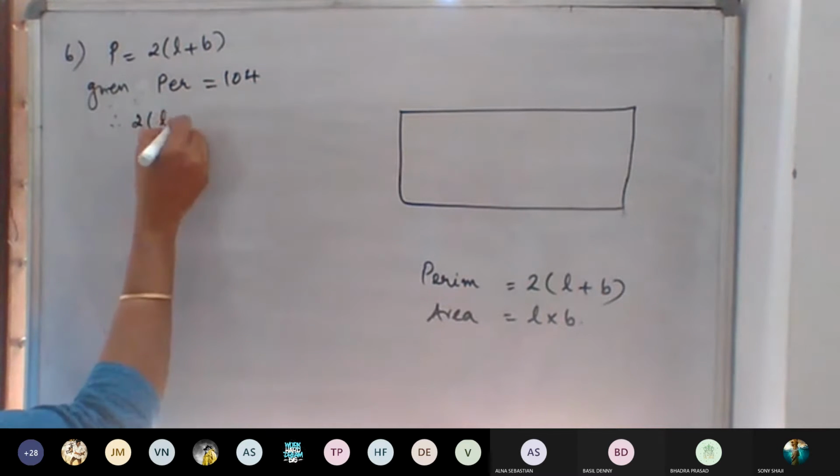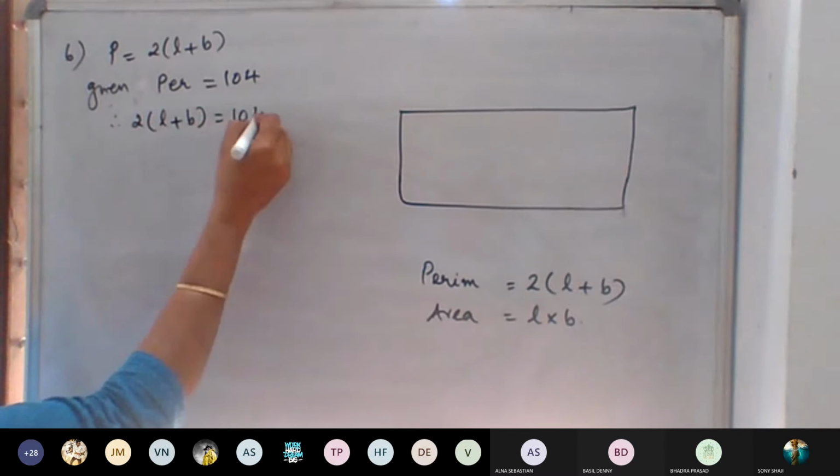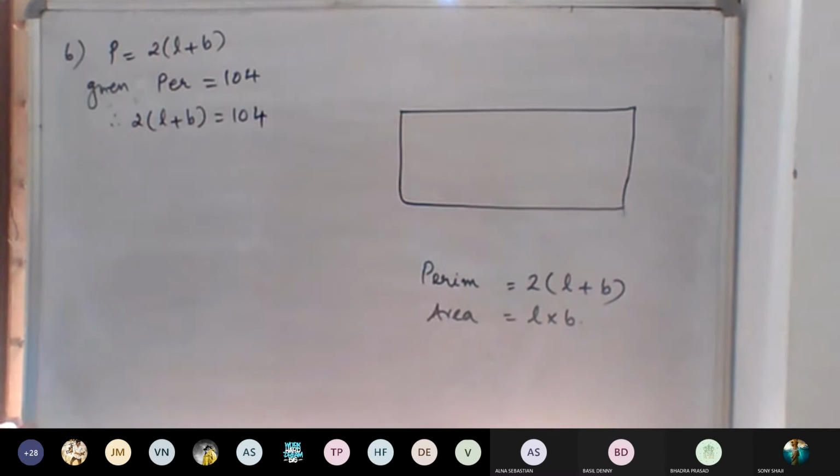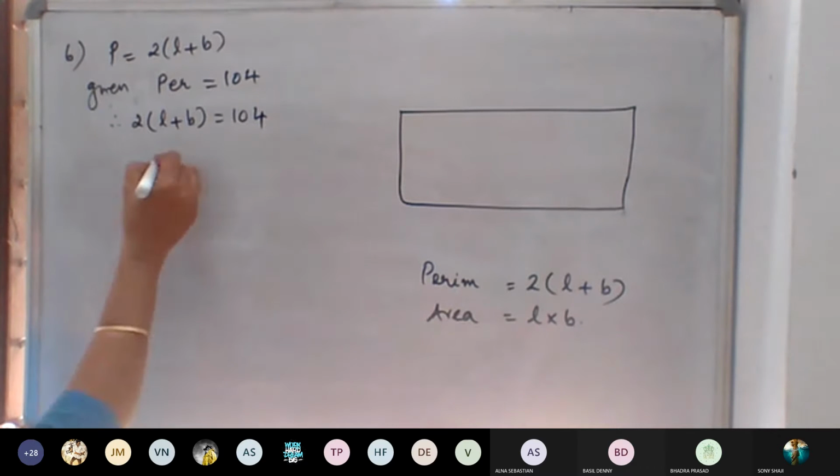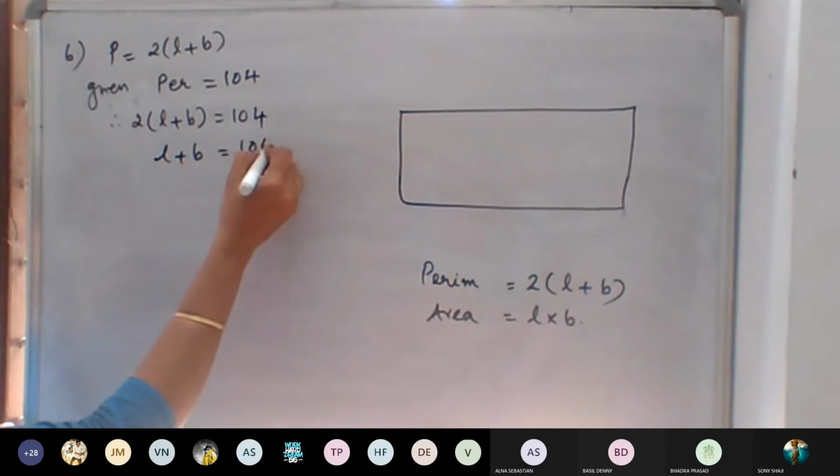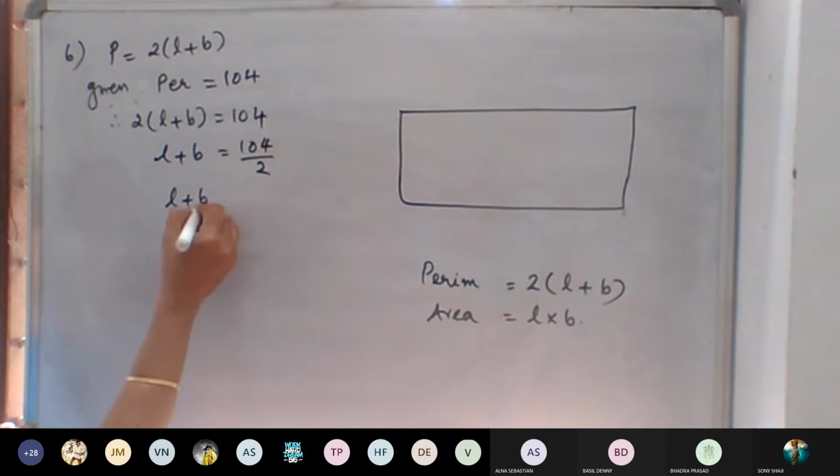Therefore, 2 into L plus B is equal to 104. From there, L plus B is equal to 104 by 2. So L plus B is equal to 52.